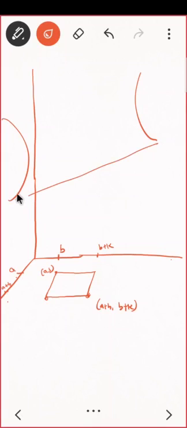So what I have to do is take the image of (a, b) here. It will be here, correct? And you will see there will be a rectangle forming here, those are the corresponding points, you can say.